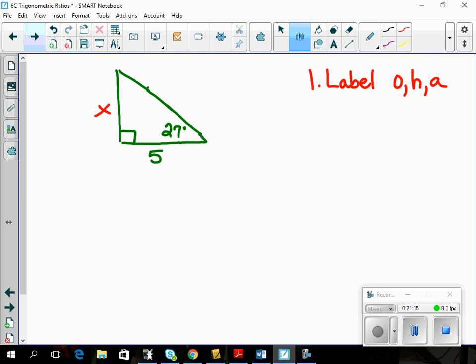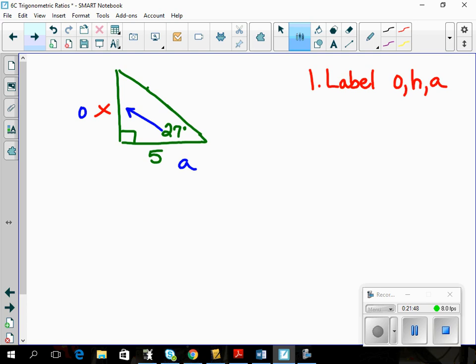So let's label O, H, and A. That's step 1. What's the 5? O, H, or A? It's not O. It's the A. It's the adjacent side, isn't it? So this is my adjacent side. What's the x? That's my O, because it's across from angle 27, isn't it? So I have the O and the A I'm dealing with. What trig function is that?